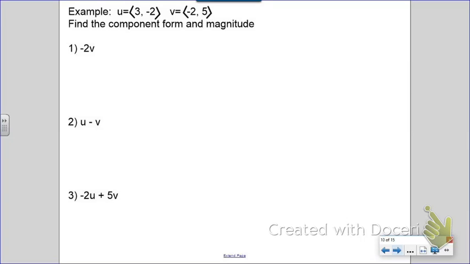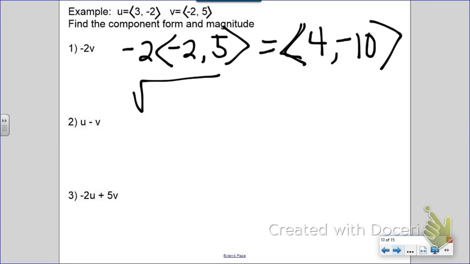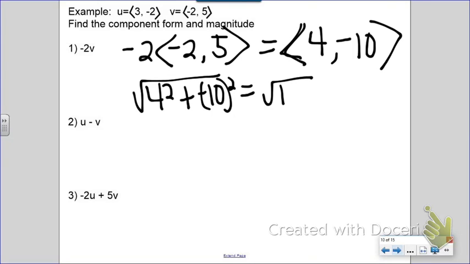So negative 2 times vector v, so we multiply inside. That'll be positive 4, negative 2 times negative 2, and negative 2 times 5, negative 10. That's the component form. Magnitude is the square root of 4 squared plus negative 10 squared, so that's the square root of 116.